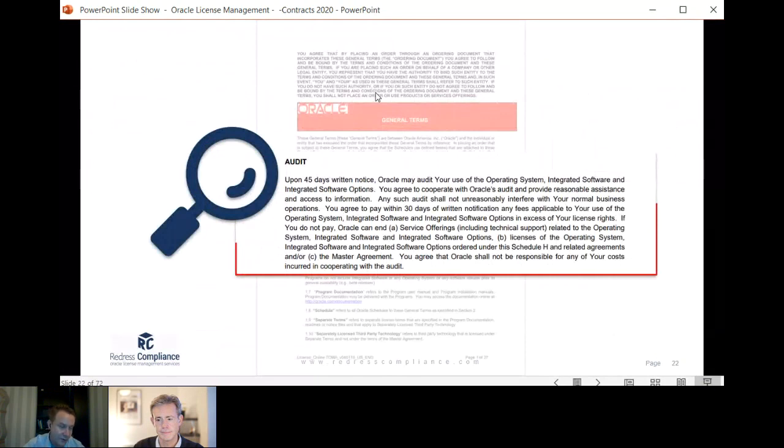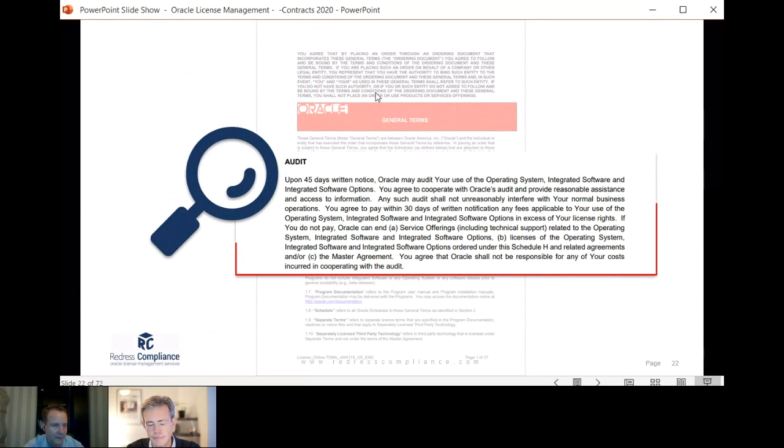Oracle has changed the audit clause a few months back, but this is in the OMA, and it says here, upon 45 days written notice, Oracle may audit your use of operating system, integrated software, and integrated software options.